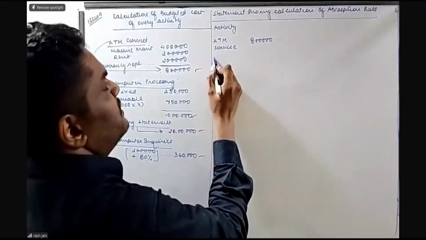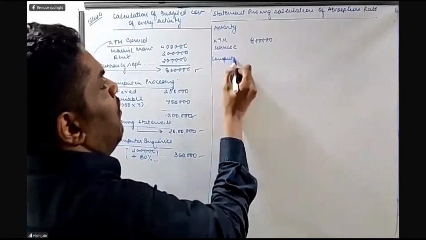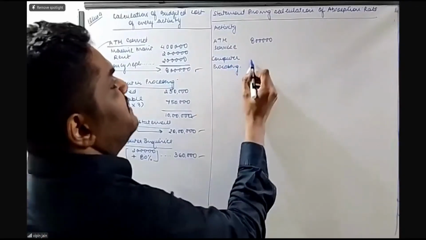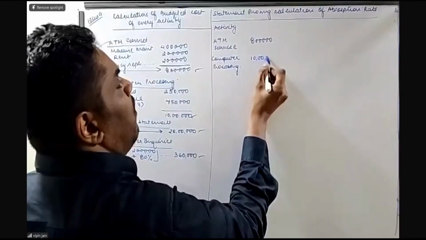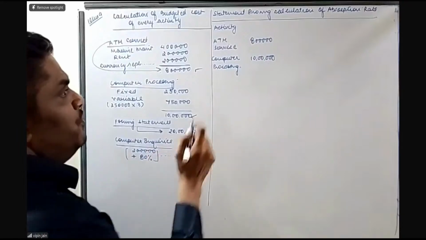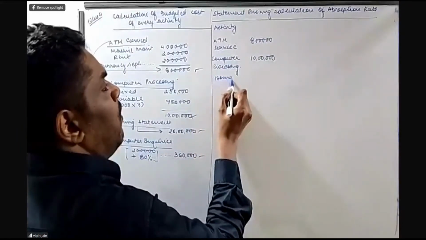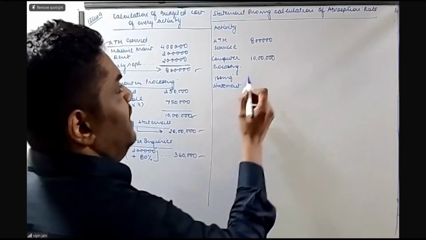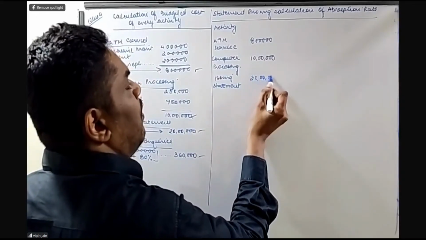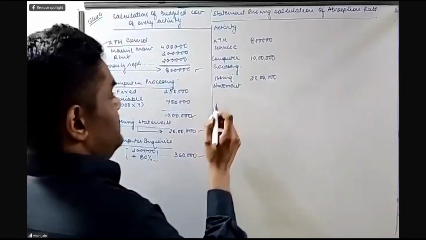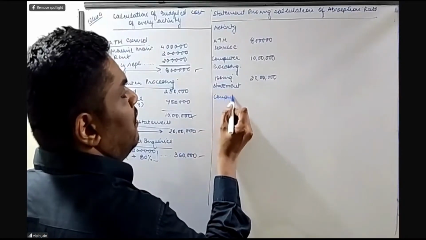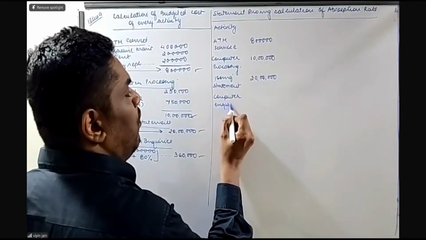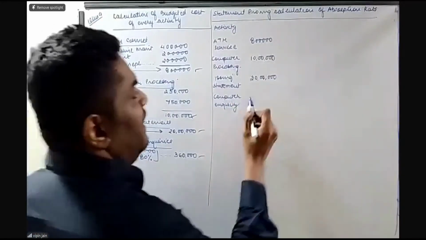Second is computer processing. It is 10 lakh. Third is issuing statement. It is 20 lakh. Next is computer inquiries. It is 3,60,000.